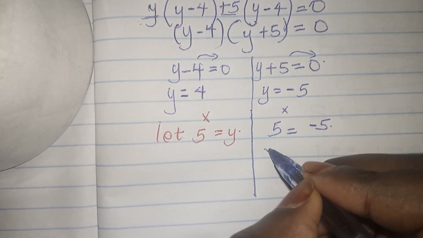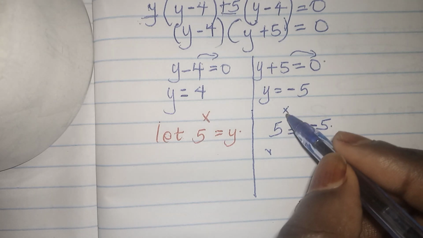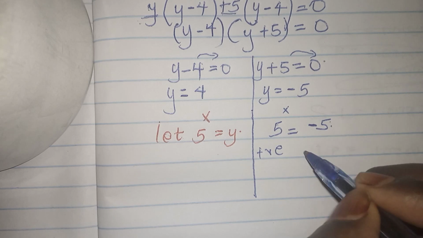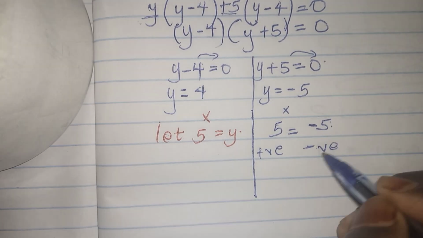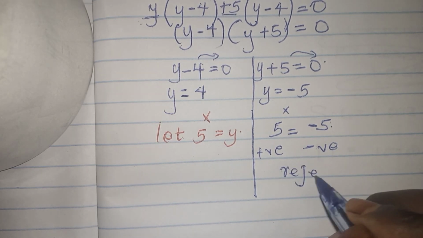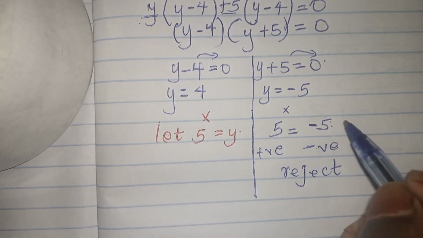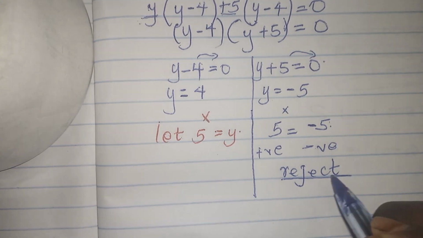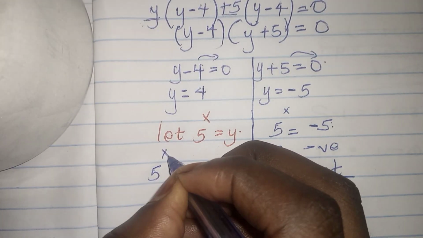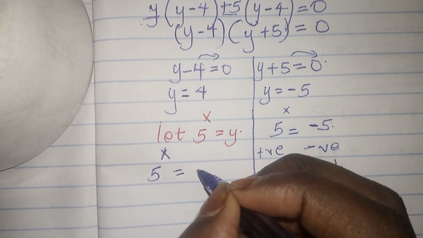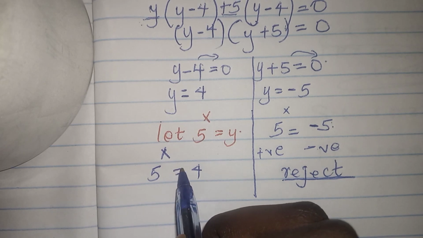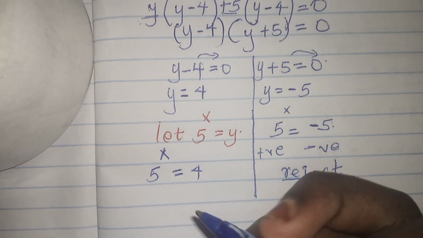So 5 to any number is positive, and this side y equals negative 5, it's a negative. So we are going to reject it because it can't be negative. We will reject this value, right? And on this side, 5 to the power of x is equal to 4. This 4 here is the value of y. So we are going to go with this one because it's real.